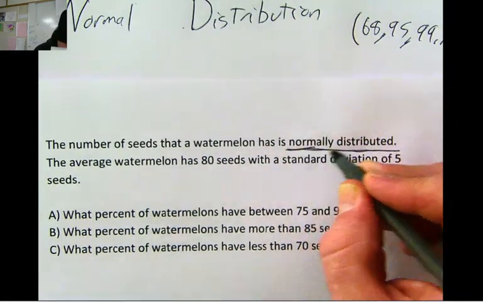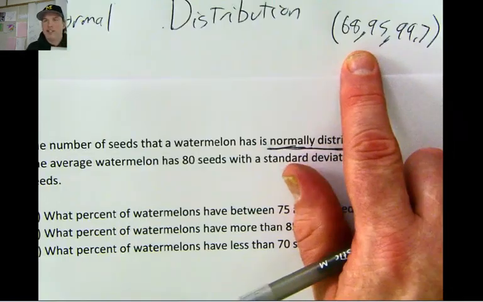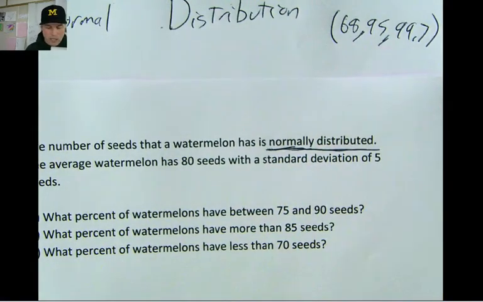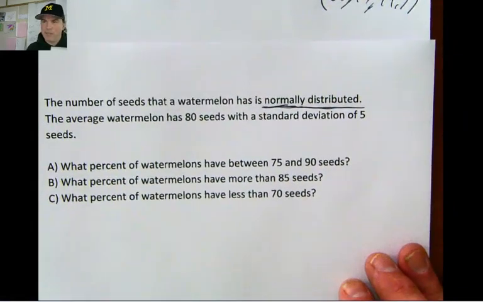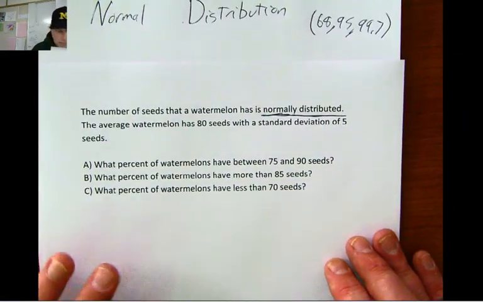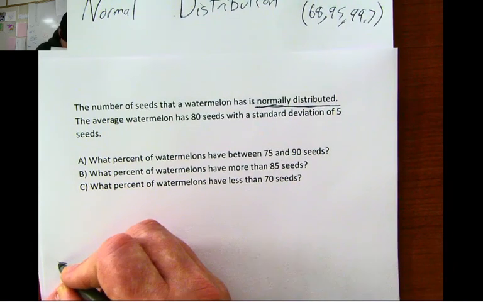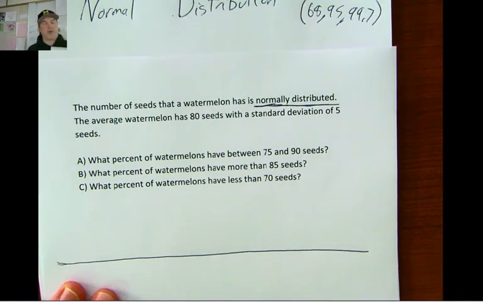And when you see normally distributed, what should pop into your head is 68, 95, 99.7. Because what it's telling you is this. And this is what I'm going to be talking about in class on Thursday.